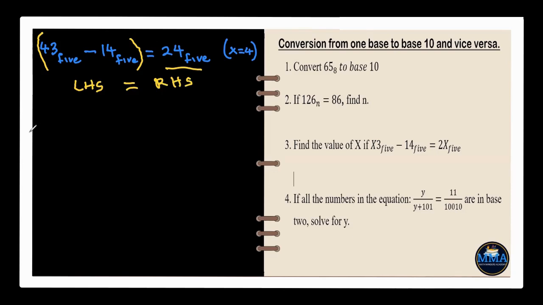So let's check it. We are going to look at this subtraction in base 5. So we have 43 minus 14 base 5.